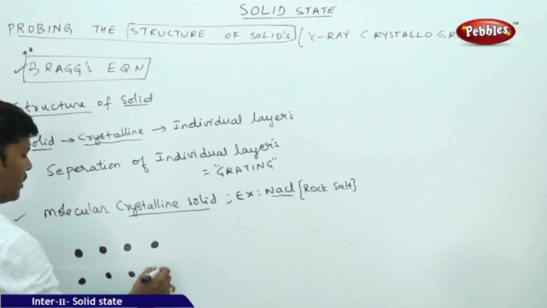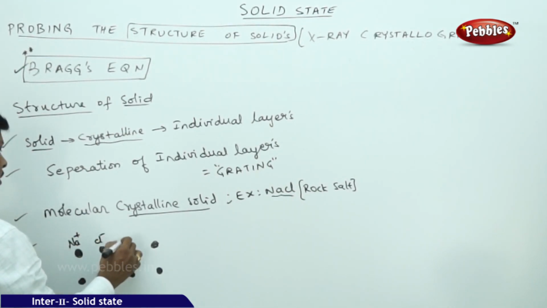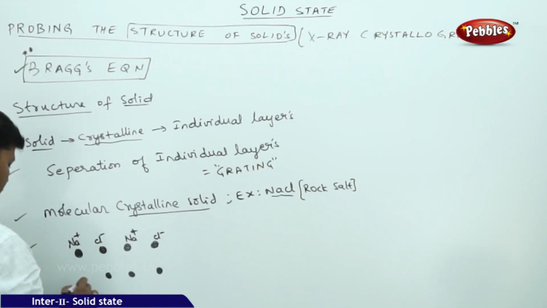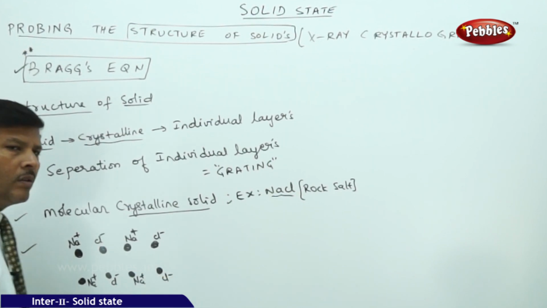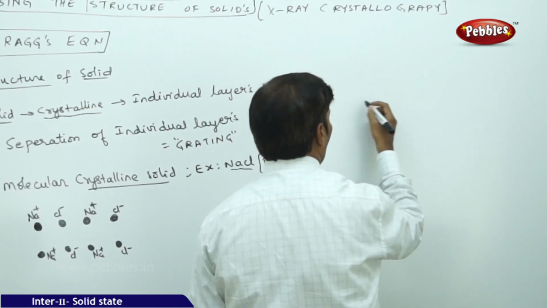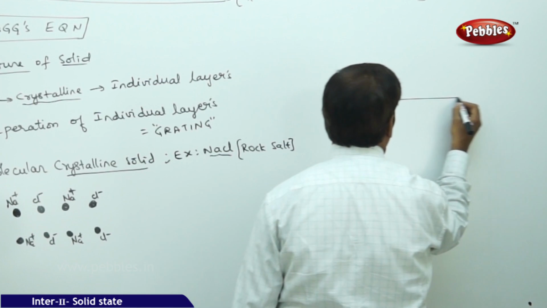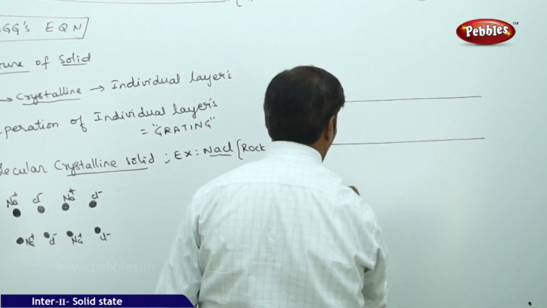What you are able to notice here is, this is Na+, this is Cl-, again Na+, Cl-, again Na+, Cl-, Na+, Cl-, and so on. Suppose you are taking different layers, like this is the first layer, this is the second layer, this is the third layer, and so on.